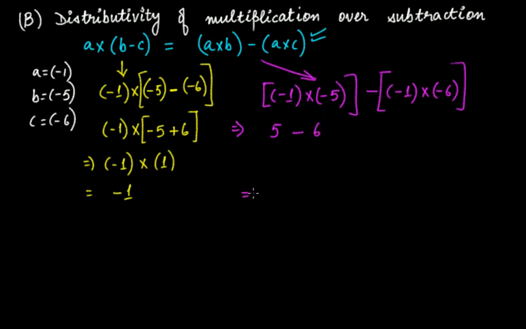So this is also coming equal to -1, and therefore we can say that -1 here and -1 here, both these values are equal, and this condition gets satisfied. Therefore, along with addition, integers follow distributivity of multiplication over subtraction too.